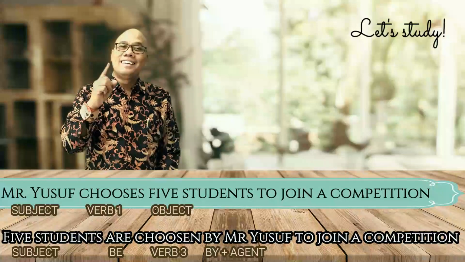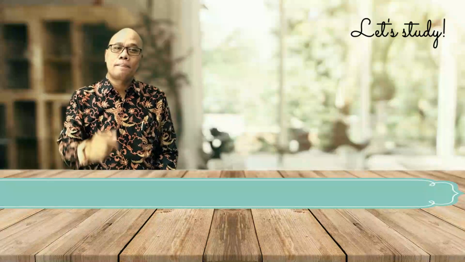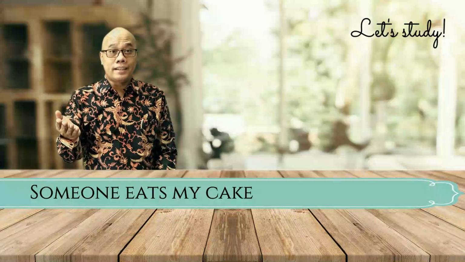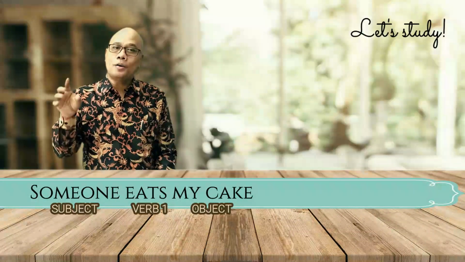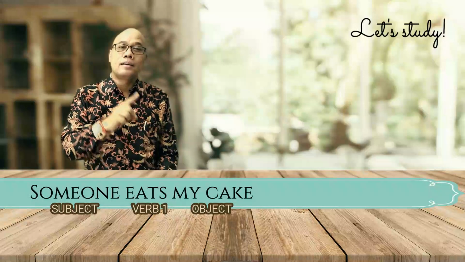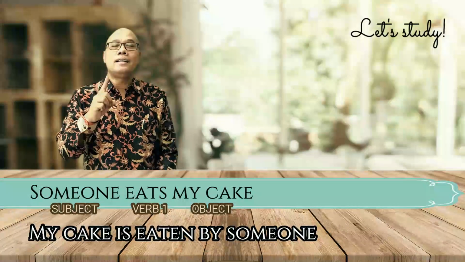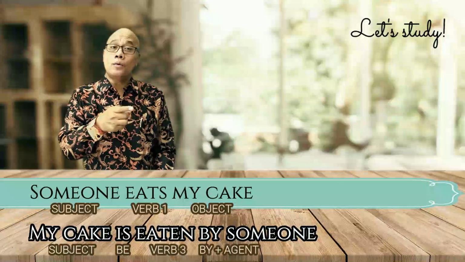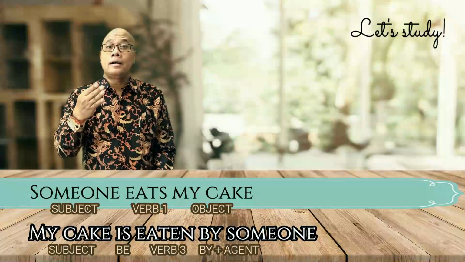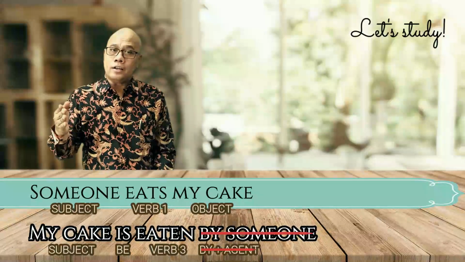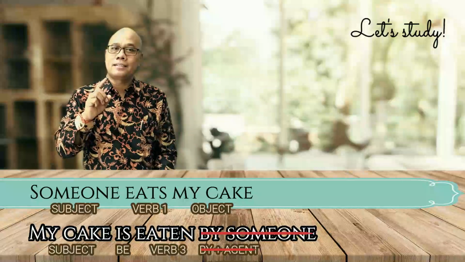Okay? Let's check another sentence. Someone eats my cake. The object is my cake. So this object is now moved to be the subject. My cake is eaten. Well, because someone is not a very clear agent, we can either include it or exclude it from the sentence.